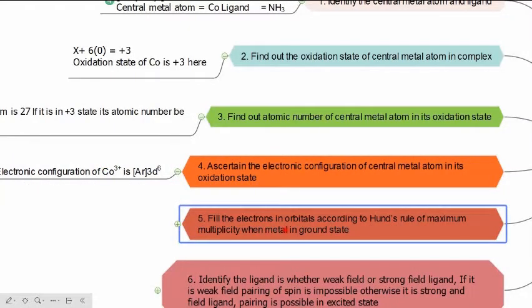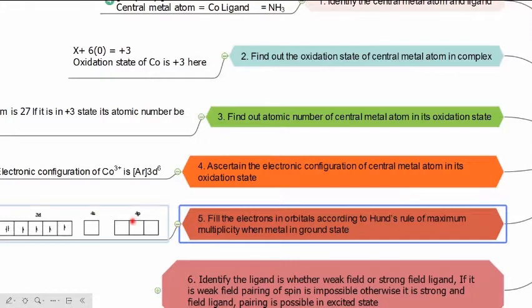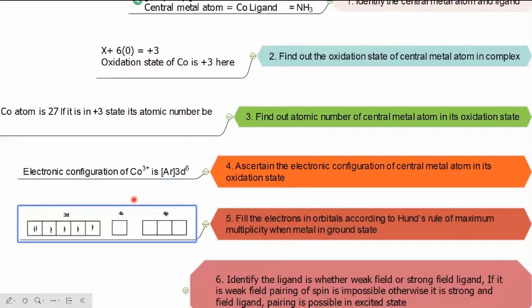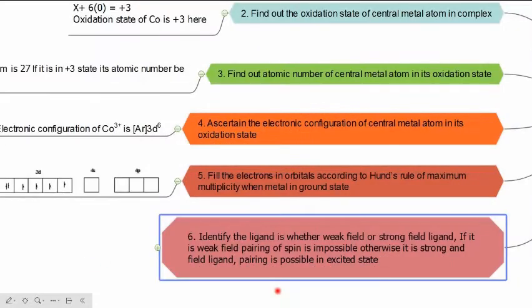Fifth step, fill the electrons in orbitals according to Hund's rule of maximum multiplicity. Here, 6 electrons are arranged according to Hund's rule. Sixth step is to identify whether the ligand is a weak field or strong field ligand.